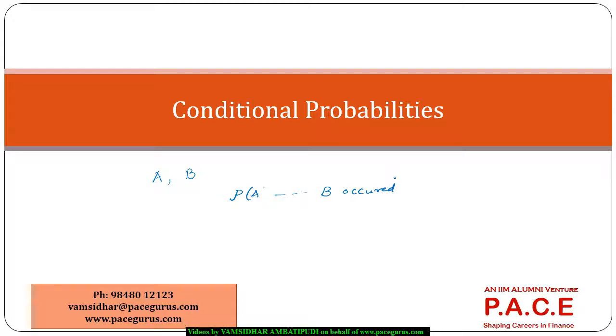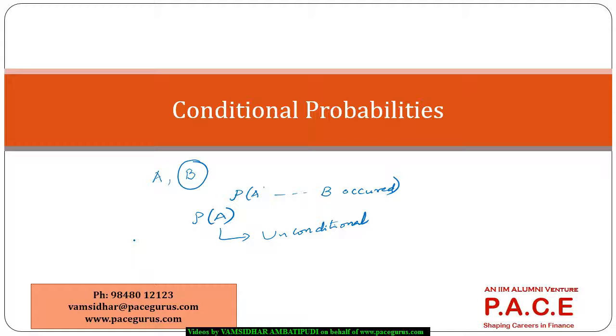In a general probability scenario, I'm just trying to find out the probability of occurrence of A. That kind of probability is called unconditional probability. I'm simply finding out what is the probability of occurrence of A. But in this scenario, I know that the event B has already occurred.